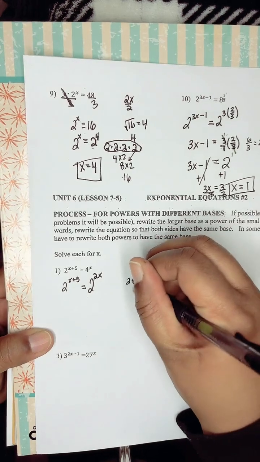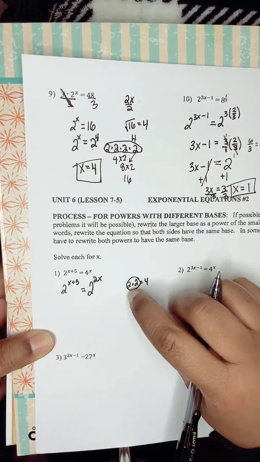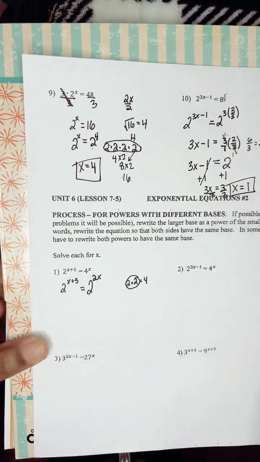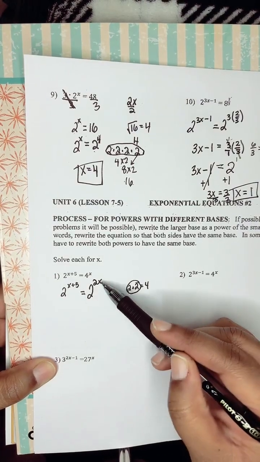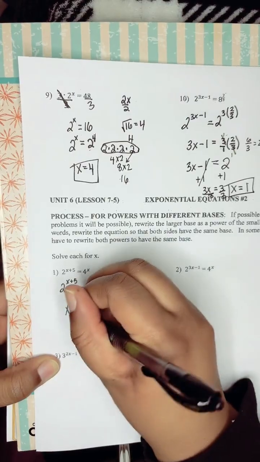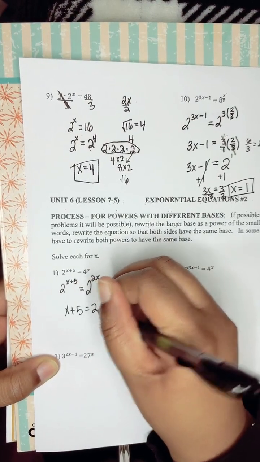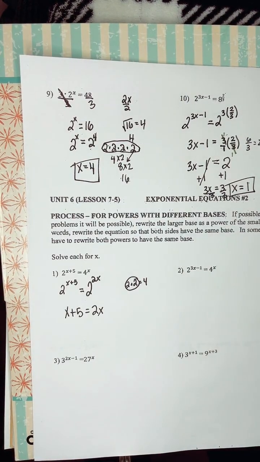Because 2 times 2 equals 4. So since we have 2 2's, that's the exponent. Now that we have the same base, we can set these equal. So x plus 5 equals 2x. Well, what do we have to do first? What do we have to move first?